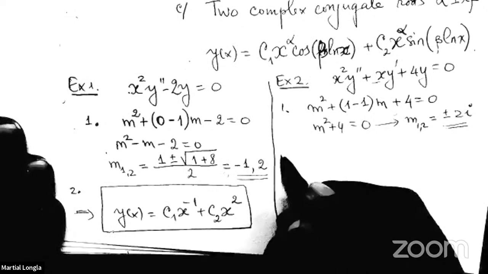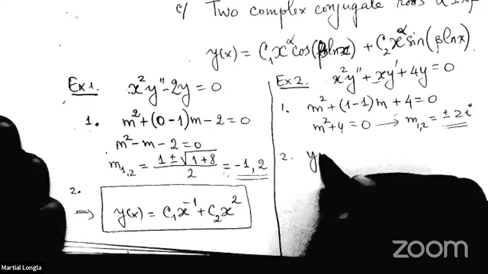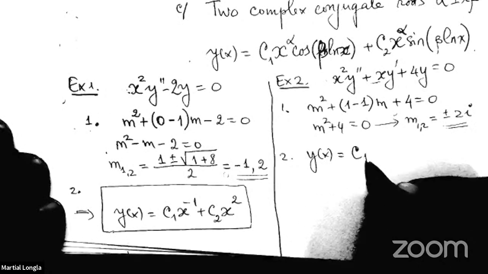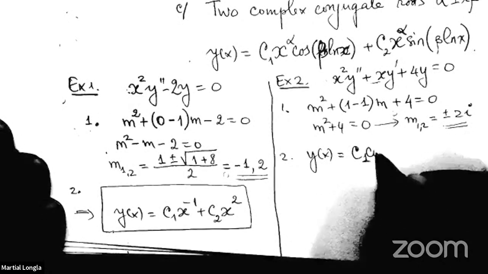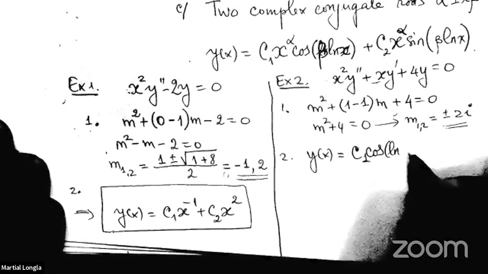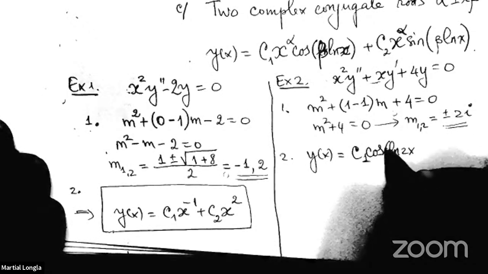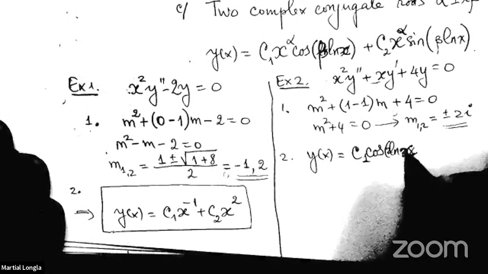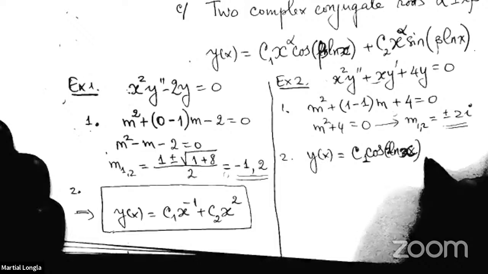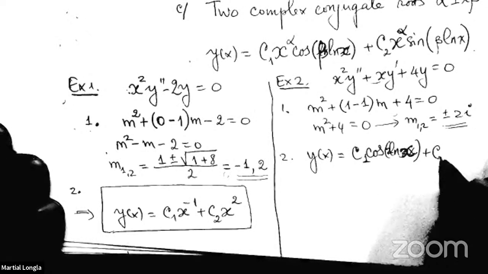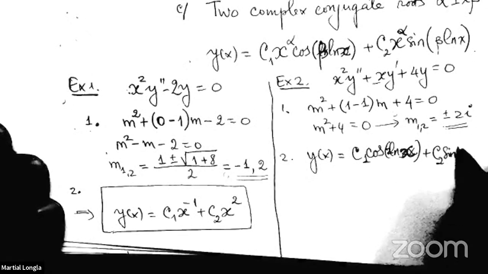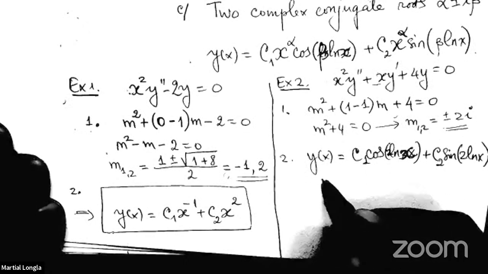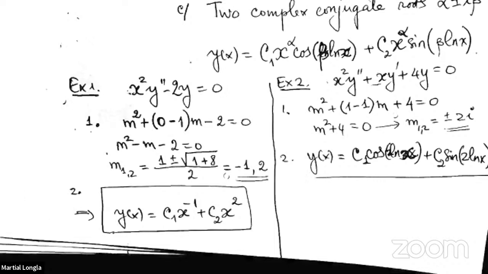So the answer is y of x equals c1 cosine of 2 natural log of x plus c2 sine of 2 natural log of x. That's it.